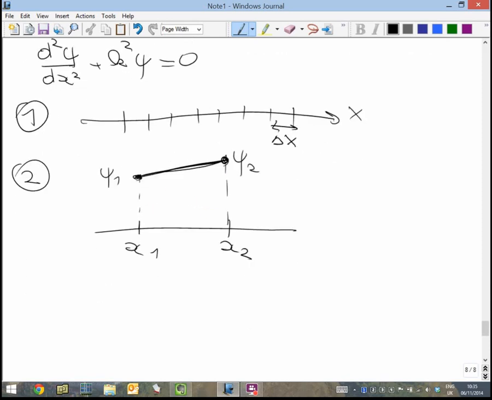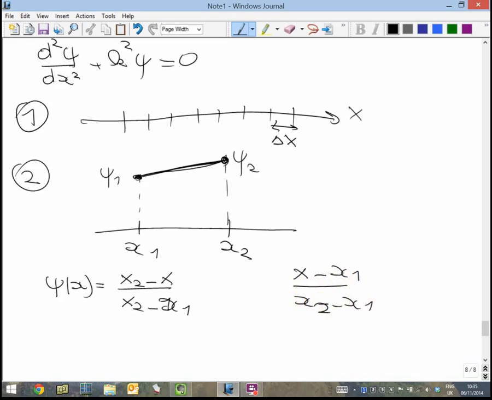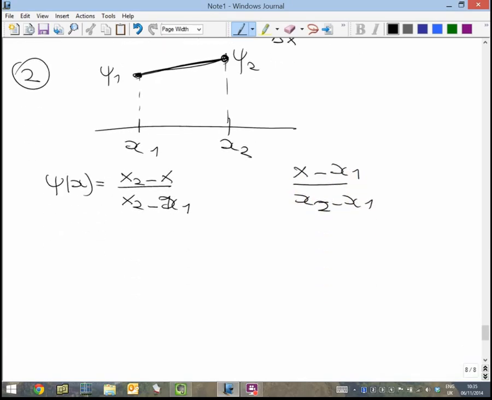If you say this, it turns out that this is in effect equivalent to writing your unknown function psi of x as a sum of basis functions, namely, for example, a basis function (x2 minus x) divided by (x2 minus x1), and another basis function which is (x minus x1) divided by (x2 minus x1), because these are very interesting basis functions if you draw them.